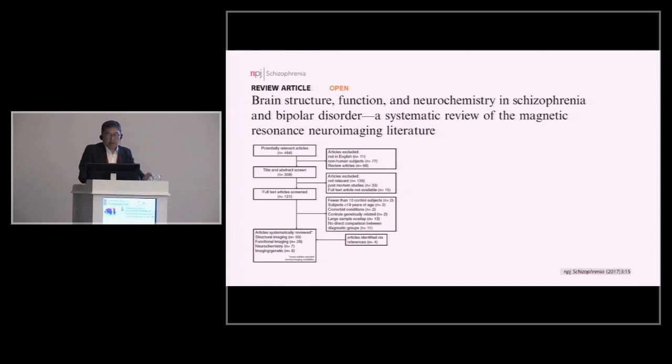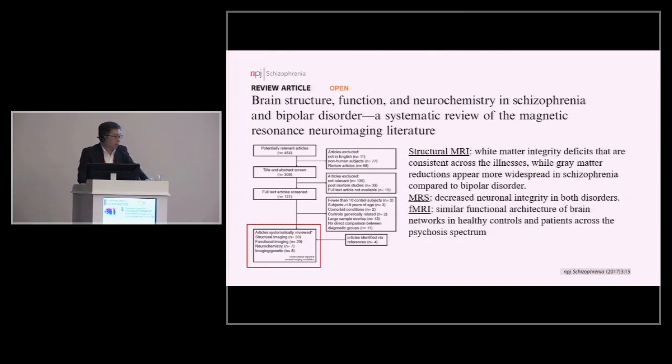So this is another study. They try to find out if this change in the brain, like structure or functional connectivity, is different between schizophrenia and bipolar disorder. And of course, this is structural MR imaging.